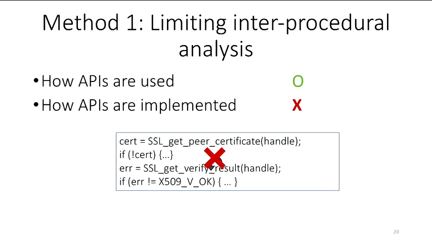API Sanitizer is focusing on finding how to use APIs, not how they are implemented. Therefore, we don't need to go into the API's implementation. Instead, we can see how they are used. So we can limit our analysis to the intra-procedural level.